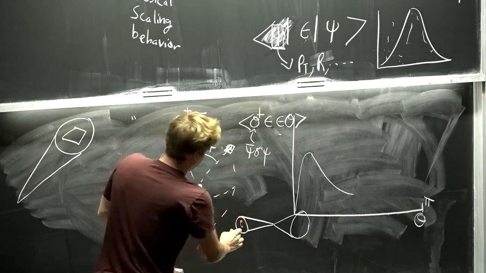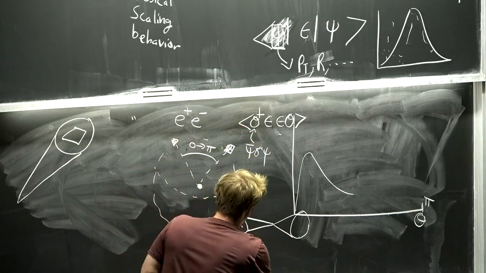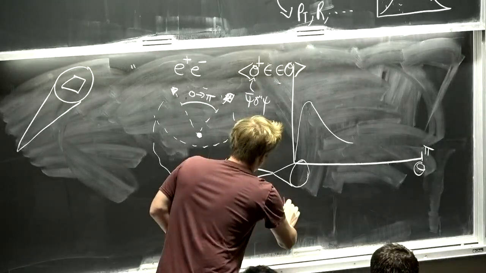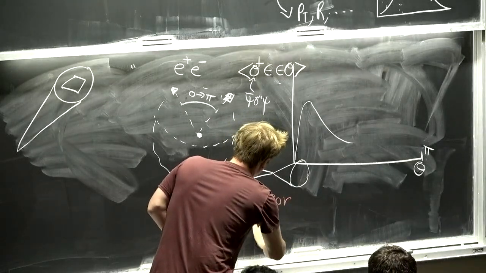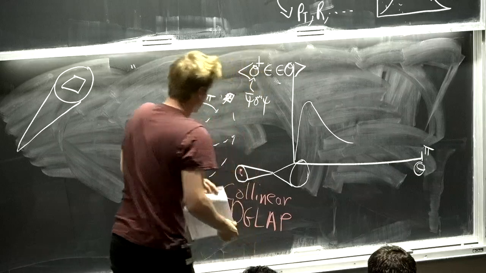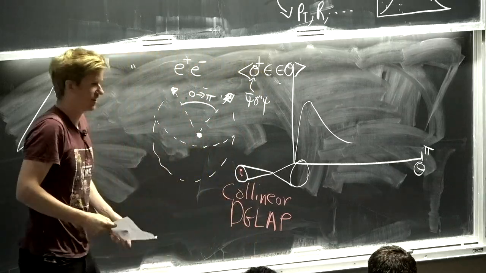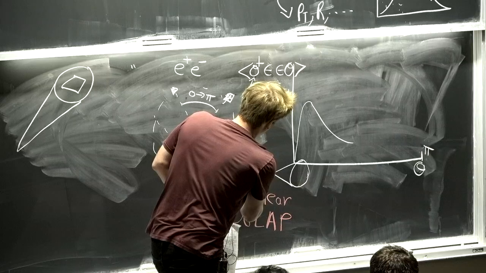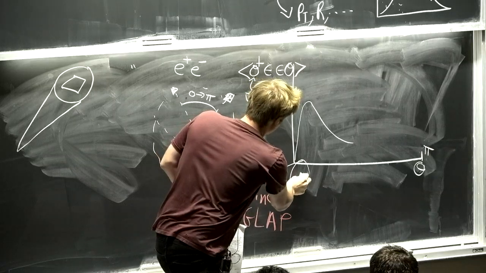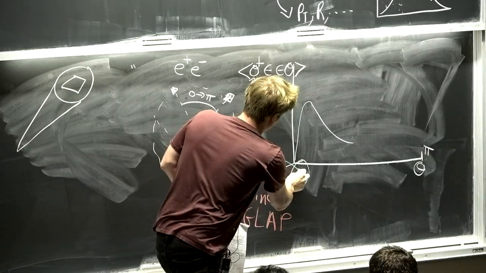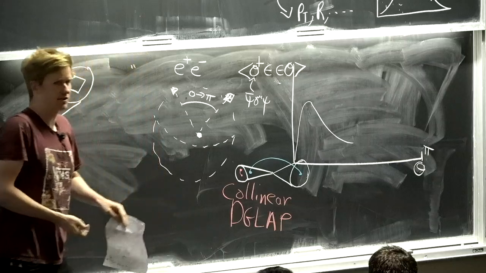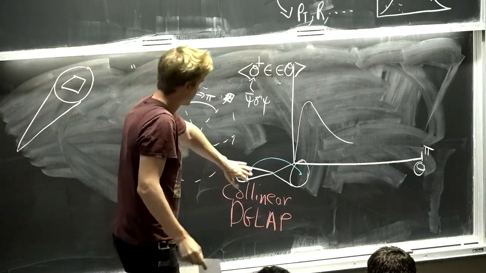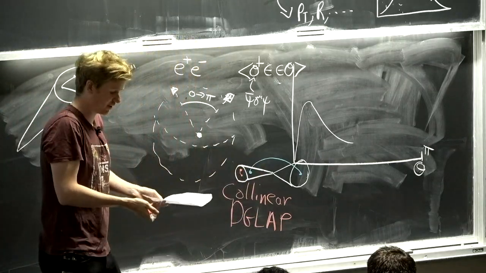And so I get this collinear singularity, which, as Stefan nicely explained, is described by these people's initials. But I can also have the configuration where one detector lies here and one detector lies here. And so this will also be enhanced, and it will give rise to a kind of different scaling behavior.